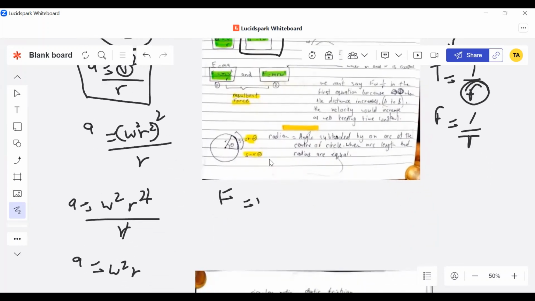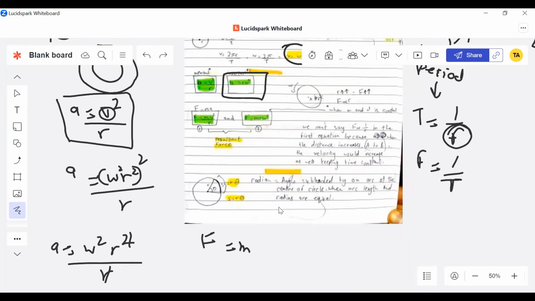So I write F equals m, mass, and instead of acceleration, I can replace A with this formula right here, V squared over R. When I do that, I get this important formula, which states force equals mv squared over R.